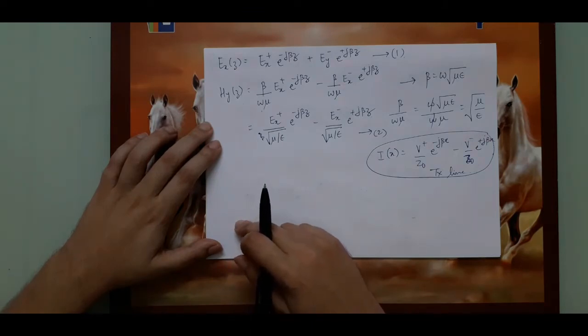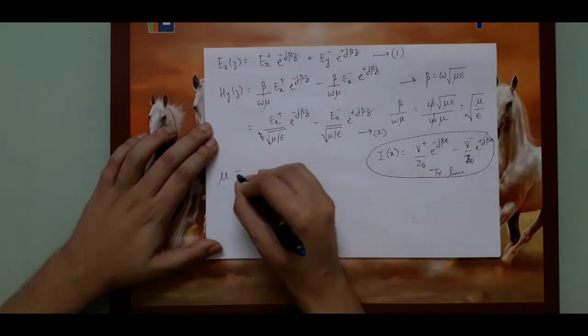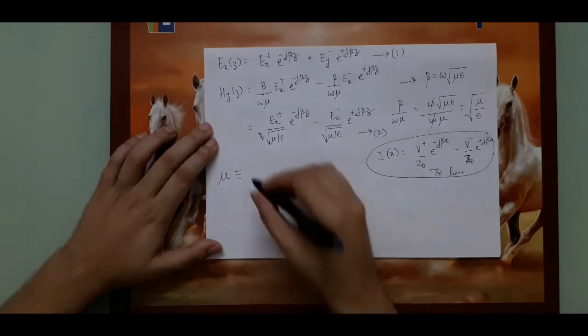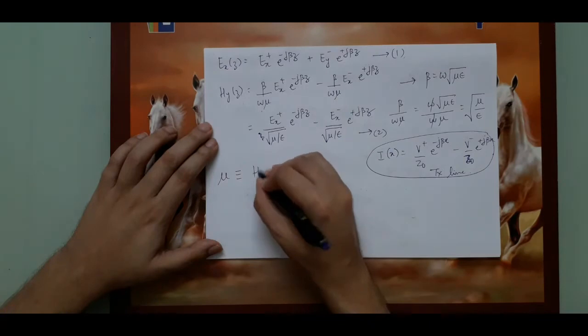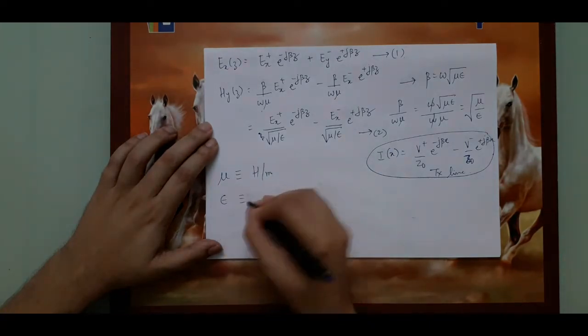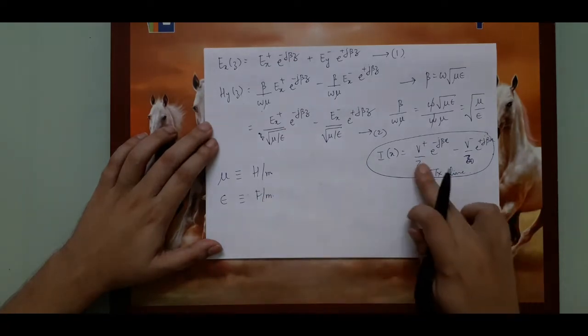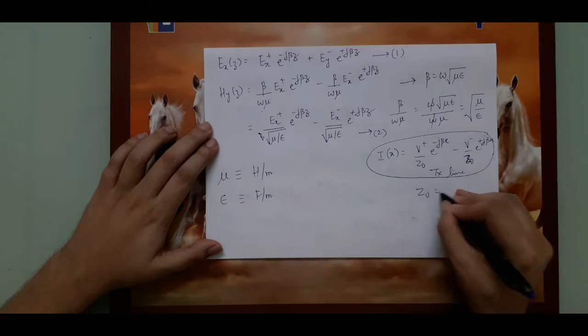So you can immediately see that the unit for mu is nothing but Henry per meter and the unit for epsilon is Farad per meter. Now if you remember, for a lossless line, Z0 was what?